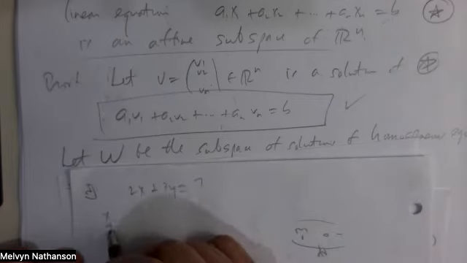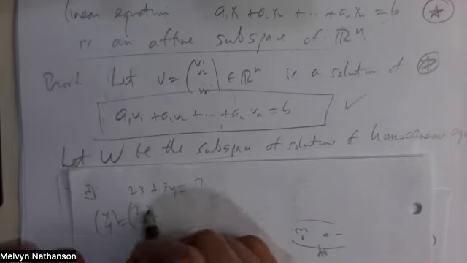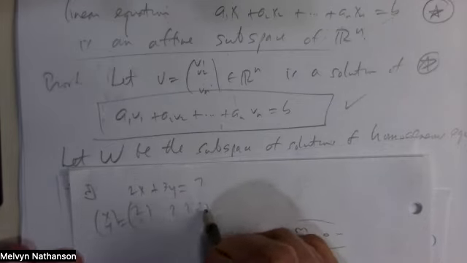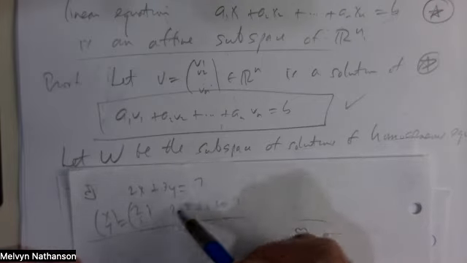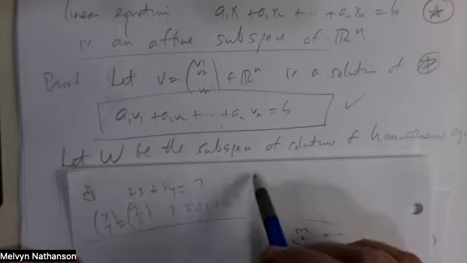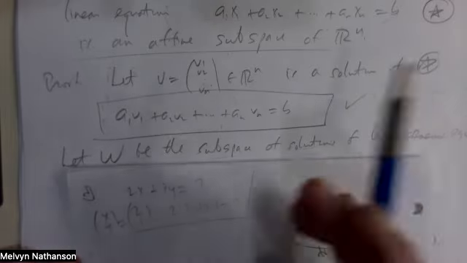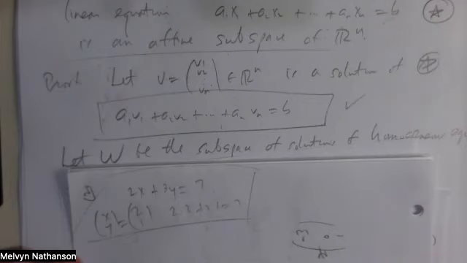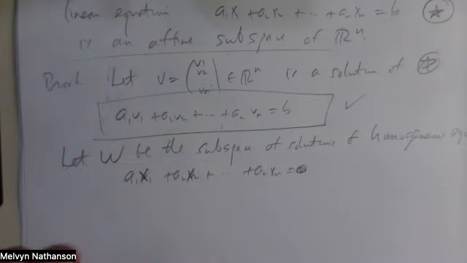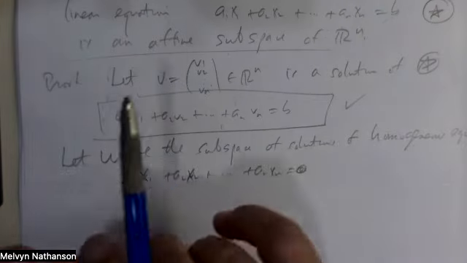So one solution is (x, y) equals (2, 1), because 2 times 2 plus 3 times 1 equals 7. So that's an inhomogeneous equation, and there's a solution. This is exactly pre-calculus. Only now we have possibly more variables, so it's more complicated, but that's really all it is.